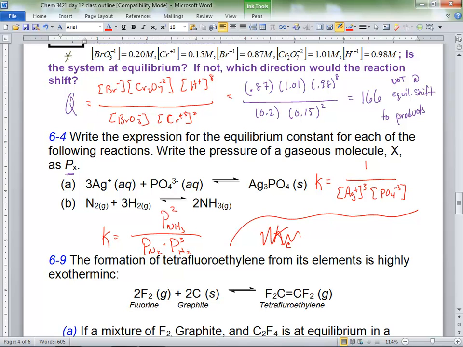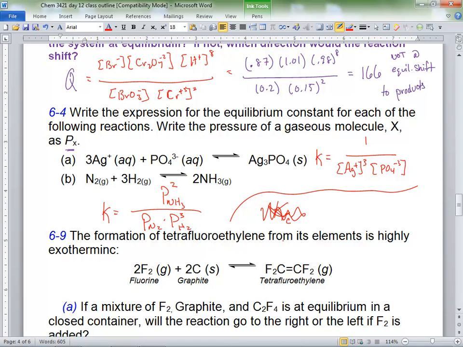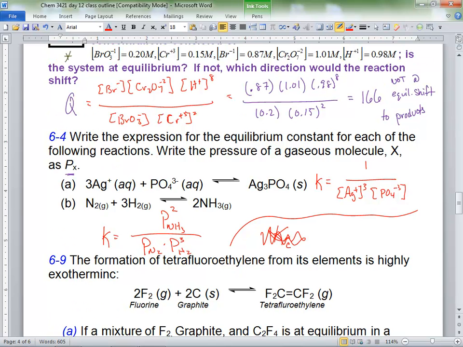I just want you to know that there will be a time when we use brackets for everything, except what two things? Solids and liquids. Good. All right. It'd just say stuff like the pressure of ammonia is 2 bars, and you just cube and square the number. Yeah.